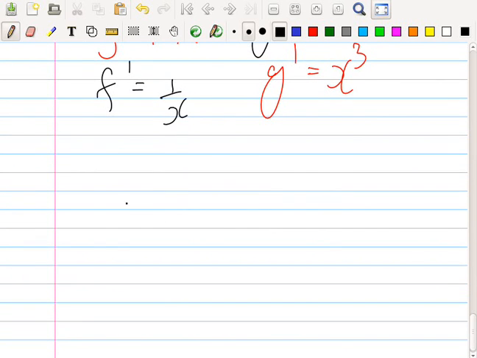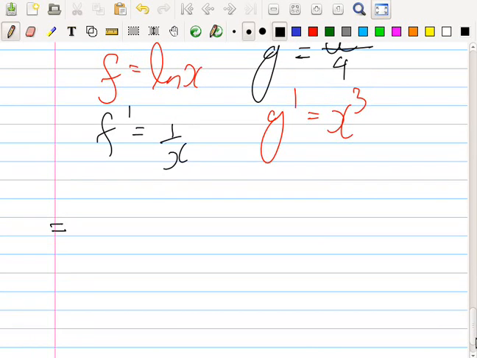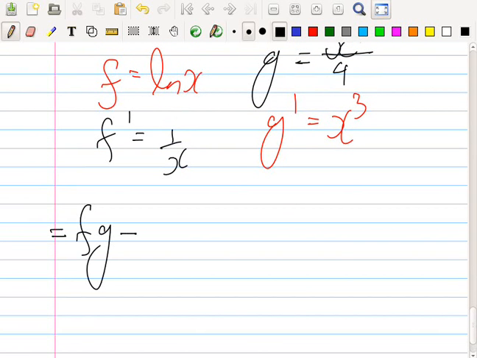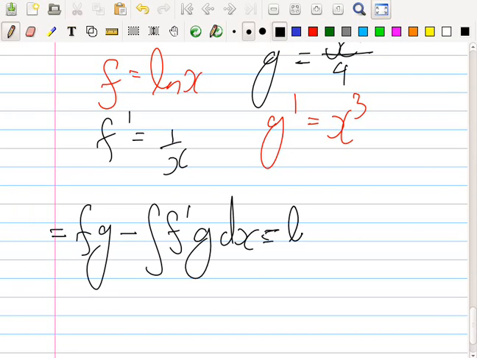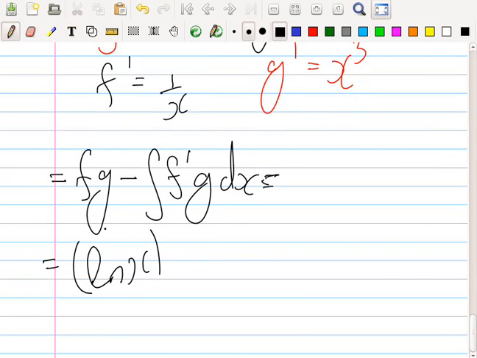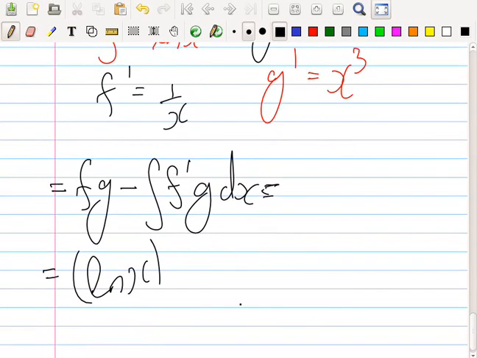And the formula is your answer equals f g minus the integral of f derivative g, which equals f g minus f derivative g, like that.